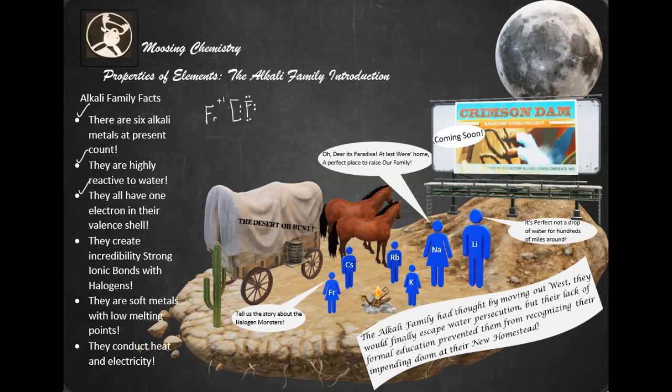But now fluorine is no longer neutral, it is now an anion because it has one more electron than proton. And francium is a cation because it has one more proton than it does electron. And this would be the correct way to actually illustrate an ionic bond between a metal and a non-metal.